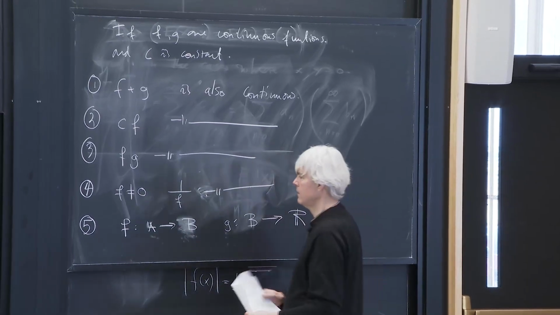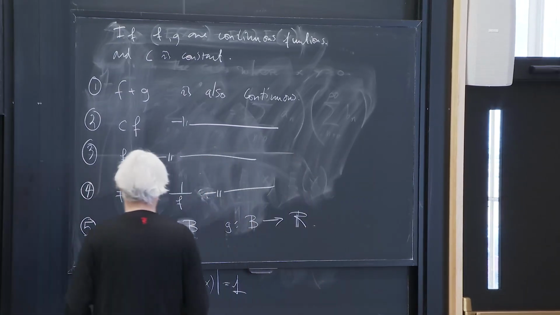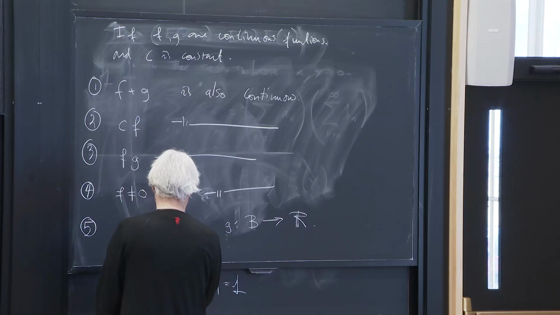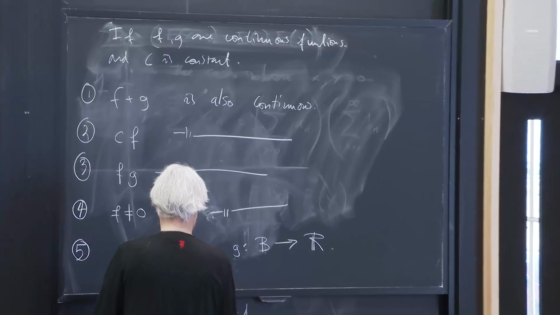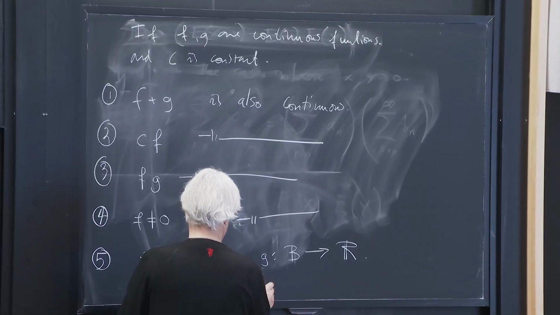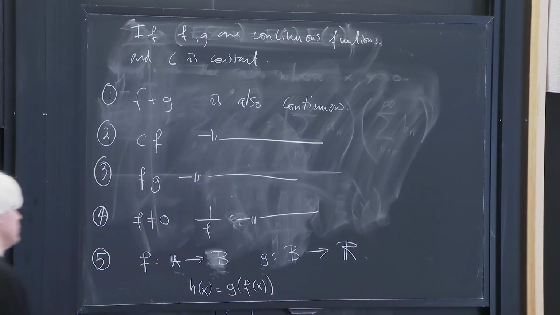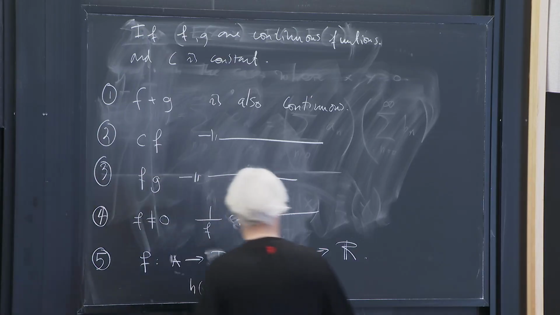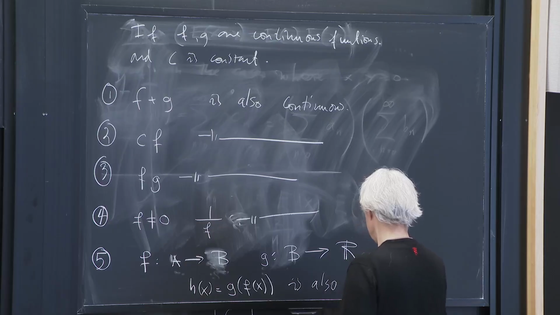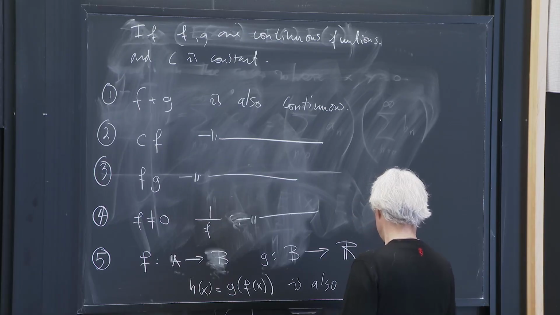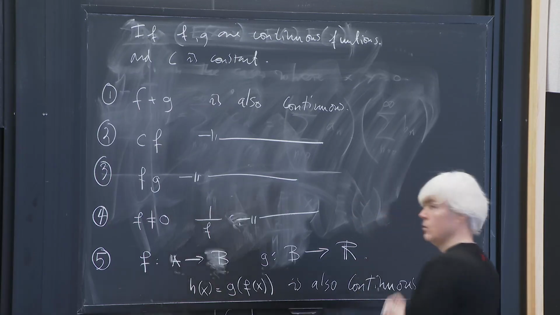If you have that, and these 2 functions are continuous, then if you form the composition, so this is g of f of x, this new function h here is also continuous. Okay?